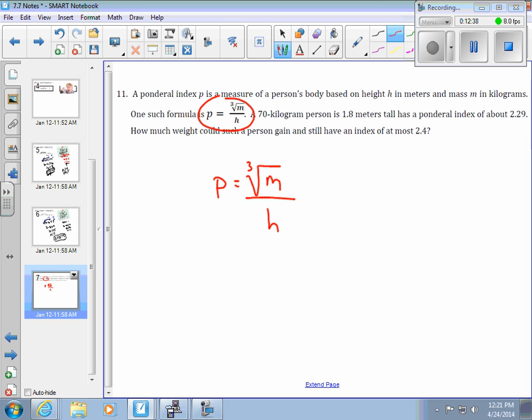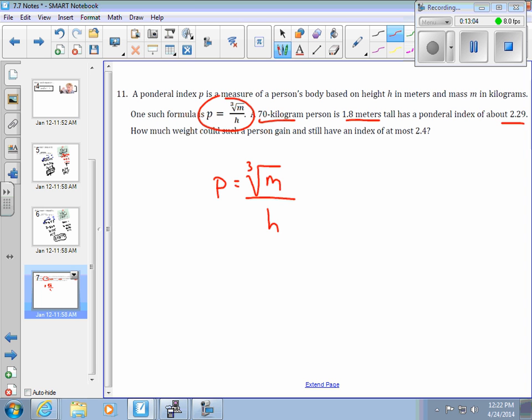Do we have anywhere in this to put a weight? Well, I don't think so. They don't, but we could put it in for the mass, and we could put 1.8 in for the height, and we should get 2.29. So they already kind of did this one already and found out what it equals. So that part's already done.